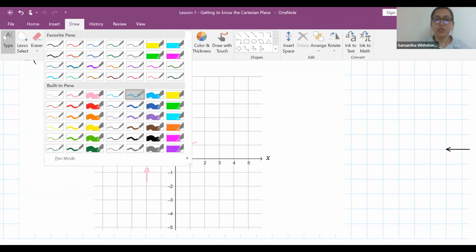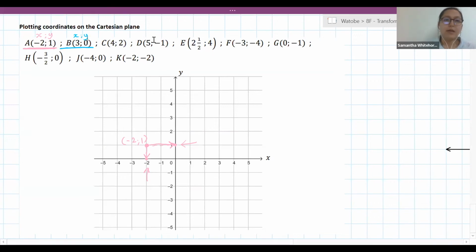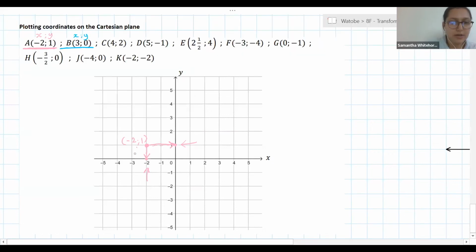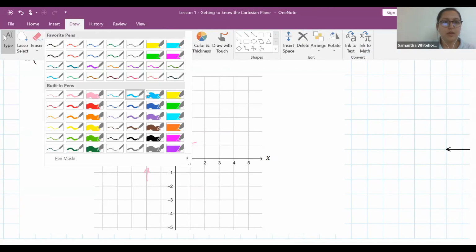Okay, so let us try point B. Point B is now at 3, 0. So again, an X and a Y. I should maybe label my point A so that I don't get myself confused. Right, so point B, I've got 3, 0.